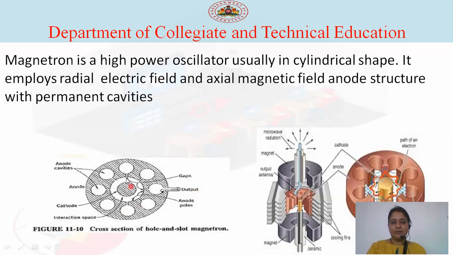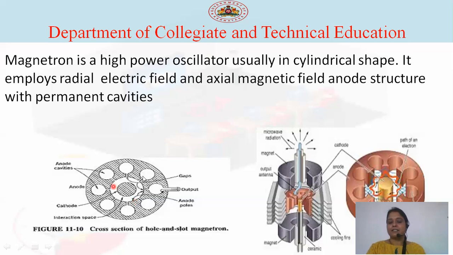The space between this cavity and this one is called the gaps. This full space acts as the interaction space, where the electrons and the field interact and the electrons give out their energy to the field.